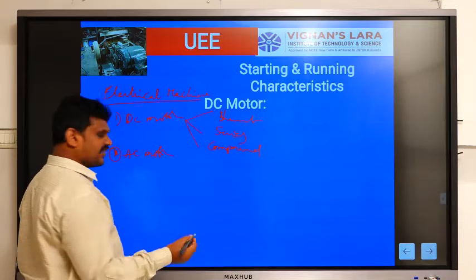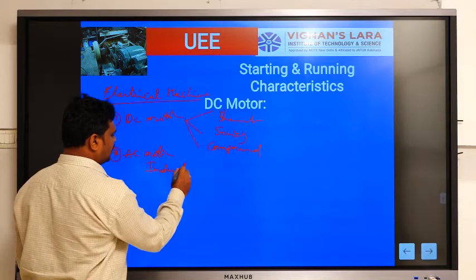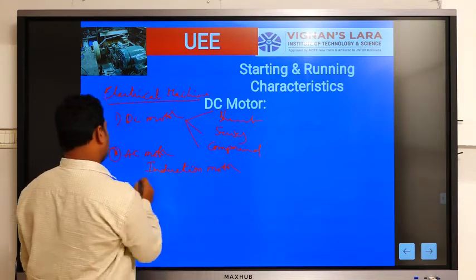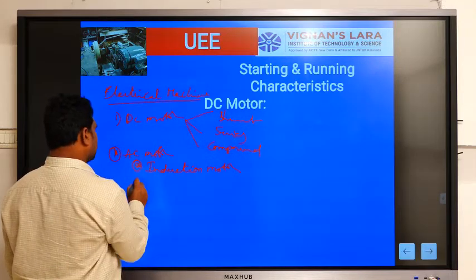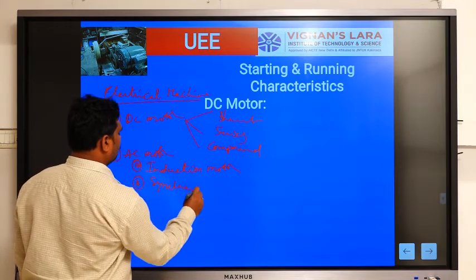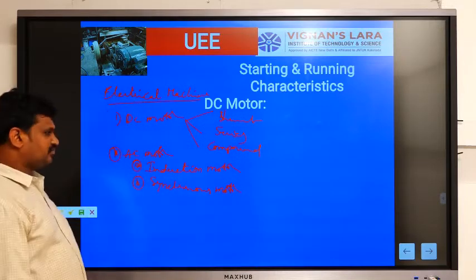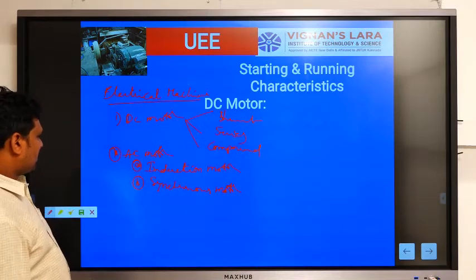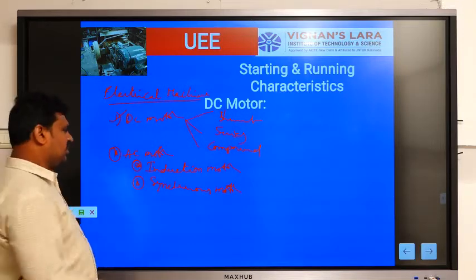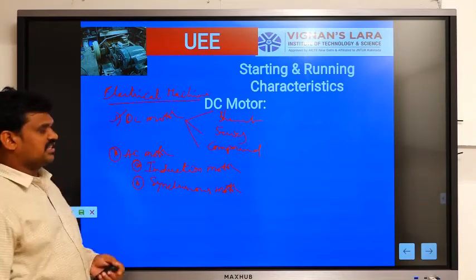The AC motors are classified into two types: induction motor or asynchronous motor, and the second one, synchronous motor. First I want to concentrate on the DC motor, then I will switch to the AC motor.